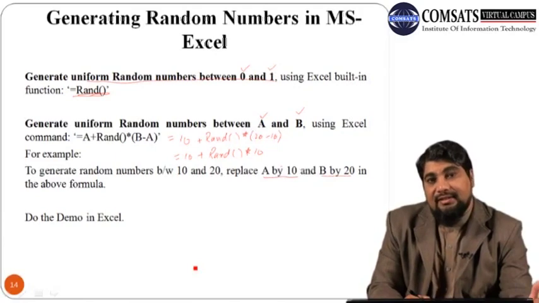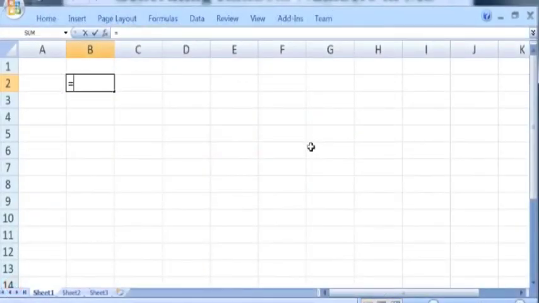So let us do the Excel demo. Suppose I want to generate a uniform random number between 0 and 1. Just type equals and then the RAND function, the two parentheses, open and close, and press enter.